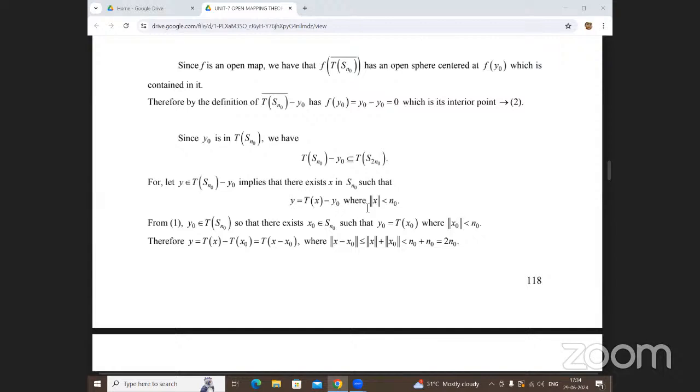Here the norm of the center is less than n naught. So x has its norm also less than n naught.